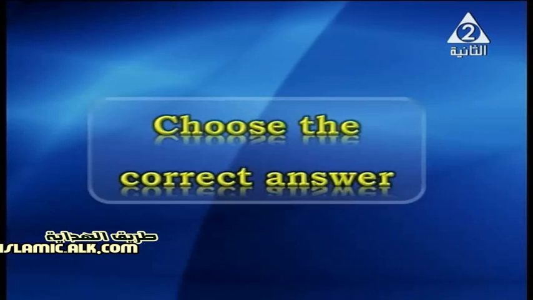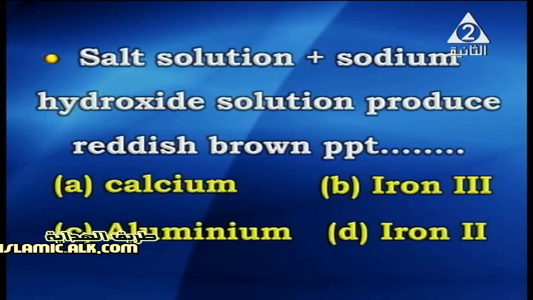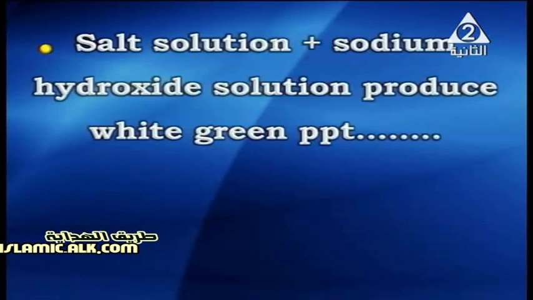Choose the correct answer. The salt solution plus sodium hydroxide solution produce reddish brown precipitate of what? Is it calcium, iron 3, aluminum, or iron 2? Here's the answer, it will be iron 3. Next one, salt solution plus sodium hydroxide solution produce white green precipitate of what?